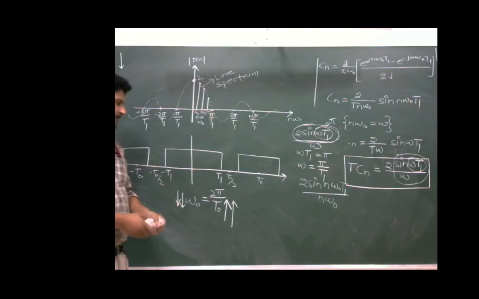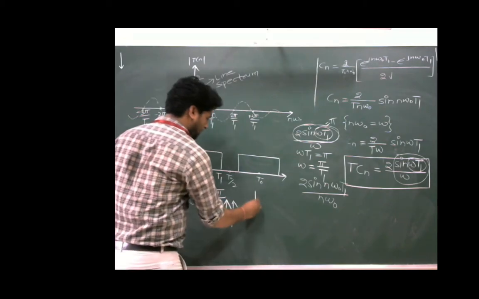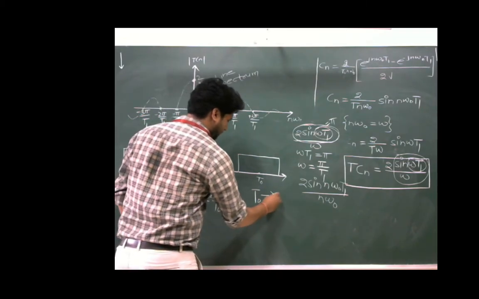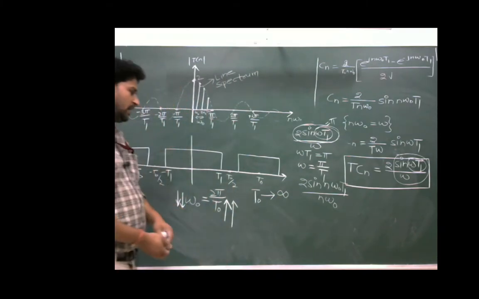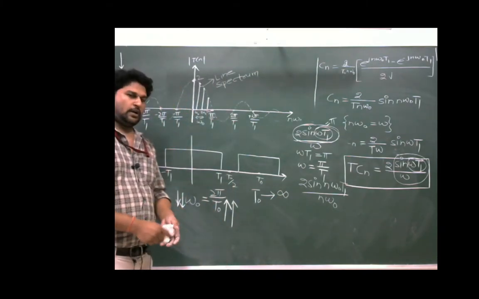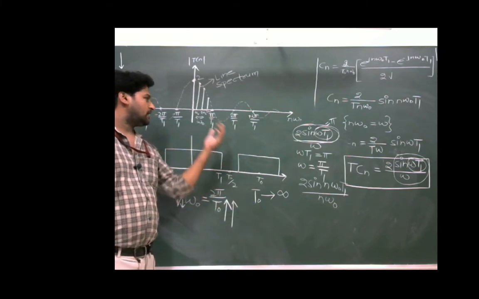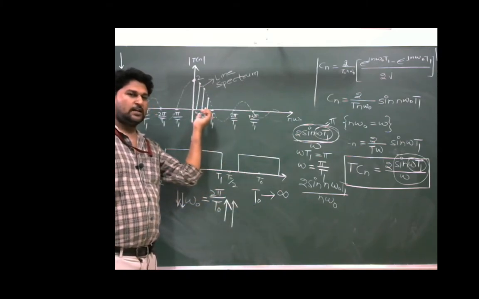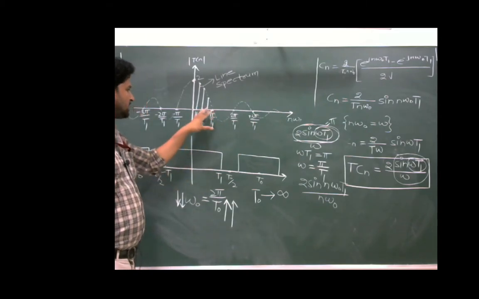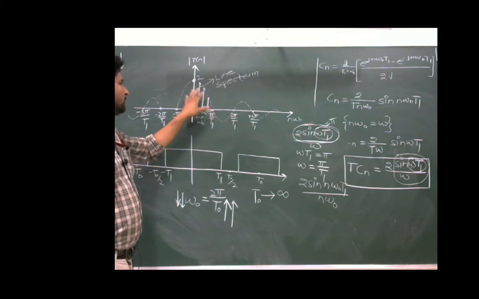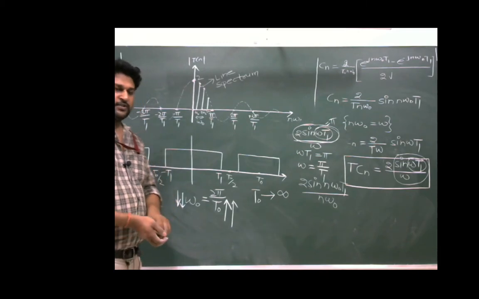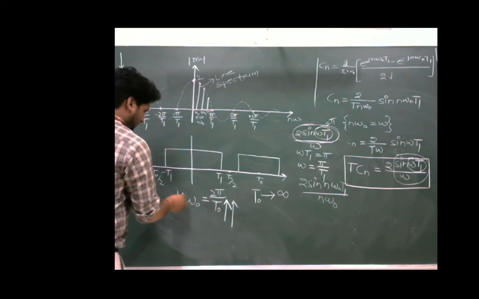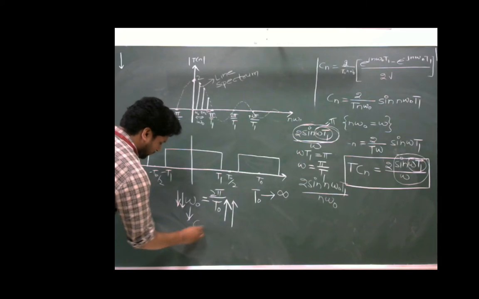And what will happen when T naught is increased to infinity? When T naught increases to infinity, the separation between these two lines will be infinitely small. This means the discrete spectrum will become a continuous spectrum when T naught tends to infinity. If T naught tends to infinity, then omega naught will tend to 0.